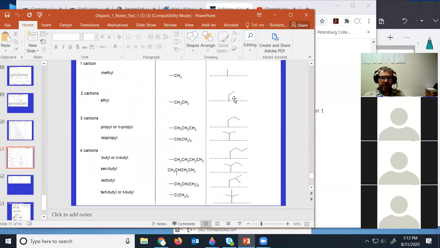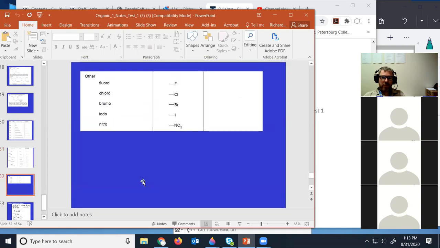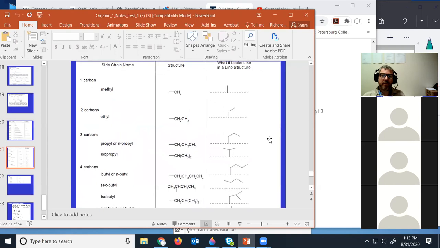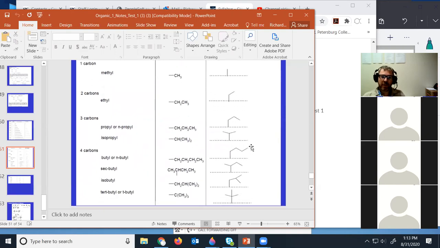So we've got the methyl, the ethyl, the N-propyl, the isopropyl, butyl, N-butyl, sec-butyl, isobutyl, tert-butyl, and fluoro, chloro, bromo, iodo, nitro. Now, I give you this sheet, but I don't give you this last column, what it looks like as a line structure. You're going to have to figure that out on your own.